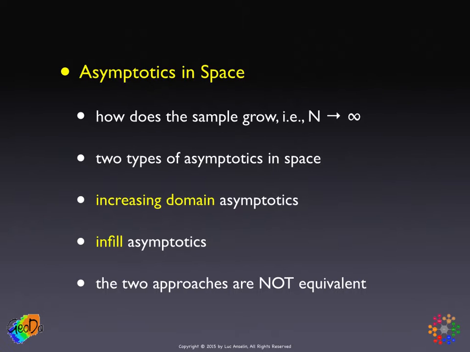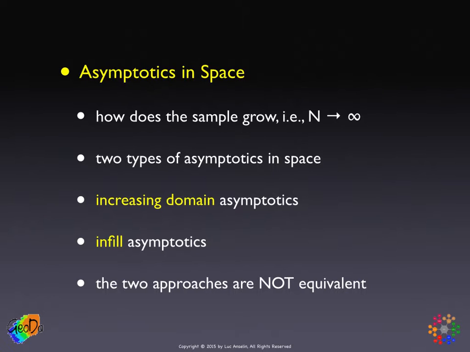And in fact, there are 2 separate types and also combinations of the 2. One is called increasing domain asymptotics, and most of what we will discuss will fall under this category. The other one is called infill asymptotics. And they're very different. And unfortunately, in terms of the math, in terms of the actual properties of different estimators, the 2 are not equivalent.